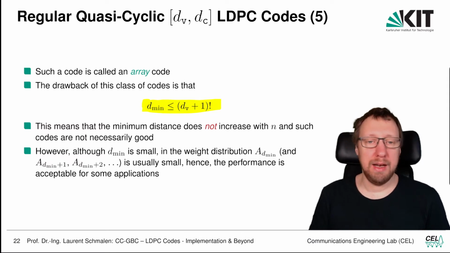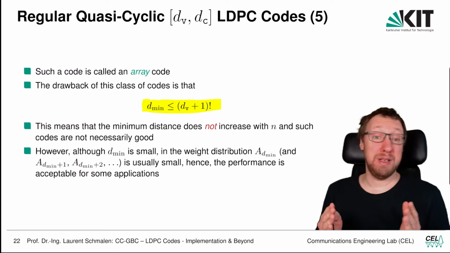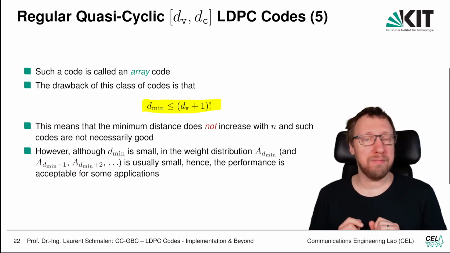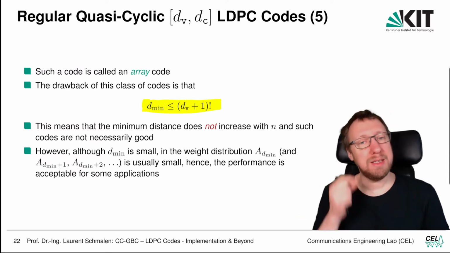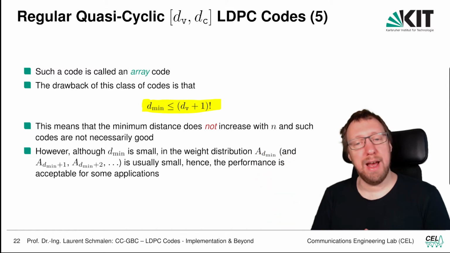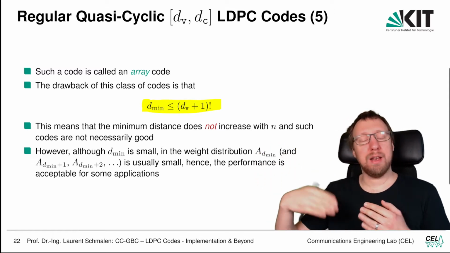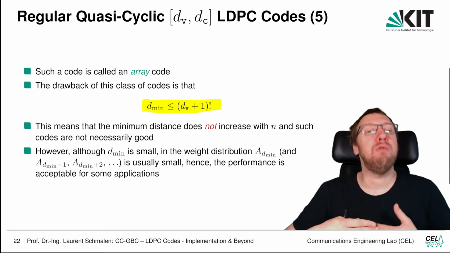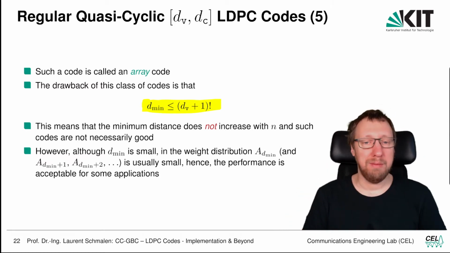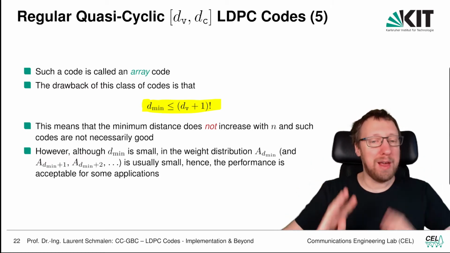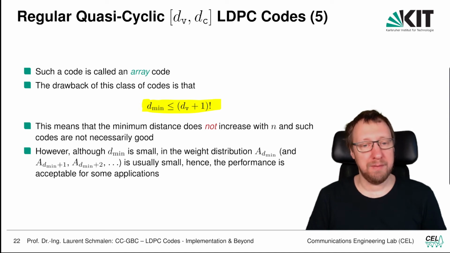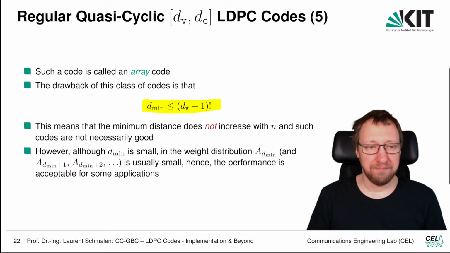So this is bad because it means the minimum distance will not increase with n. And usually we want to have a minimum distance that increases with n. If we double n, we would like to have a doubling of the error correction capabilities. But here we have fixed error correction capabilities. So this is not necessarily good.